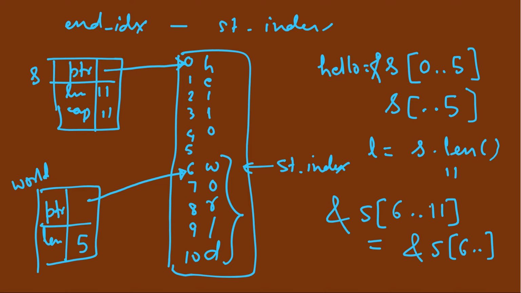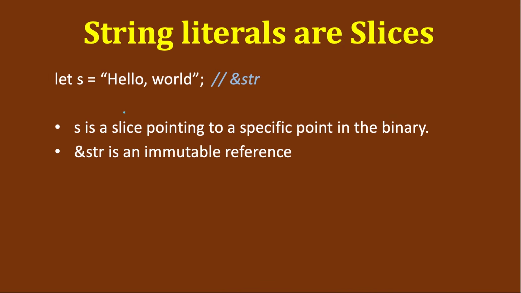So if the last index is the same as the length of the string, we can skip the last index. And if the first index is 0, then we can skip the first index. And if we want the complete string, that is the first index is 0 and the last index is the length of the string, we can write it as dot dot. So we have skipped both the first and the last index.